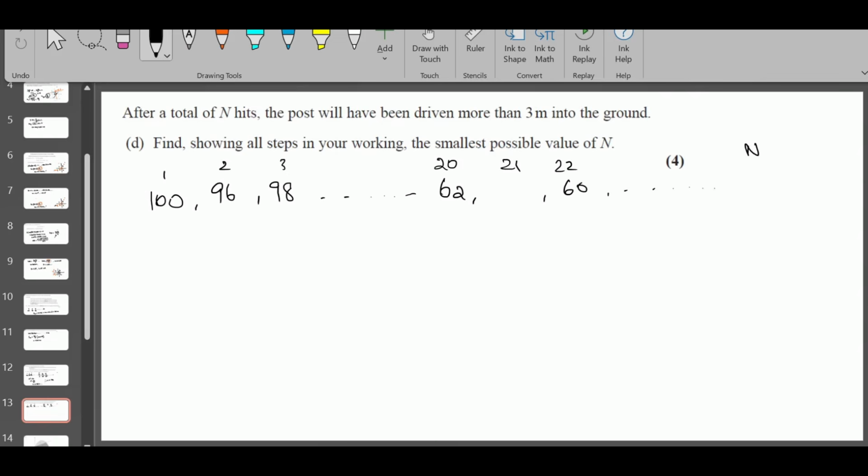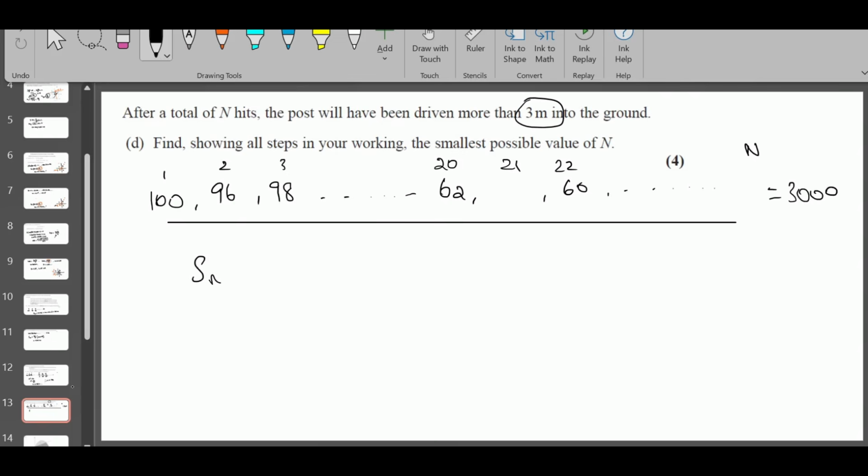Total of n hits. If you add everything, it will be 3 meters. So you change meters to millimeters; it's going to be 3000. What's given here? Sn is more than 3000. We need to find the value of n, capital N.